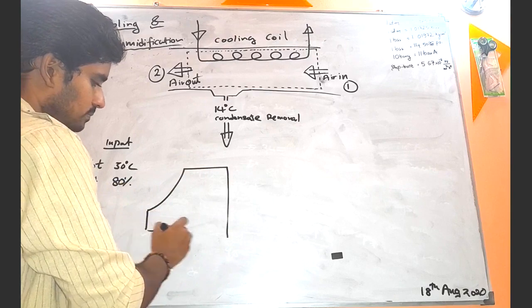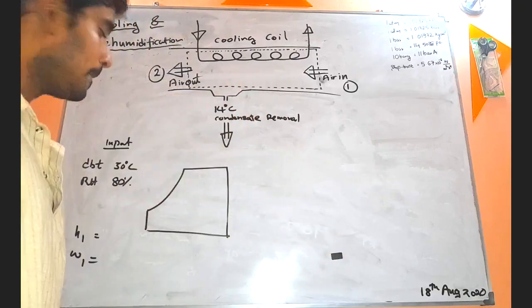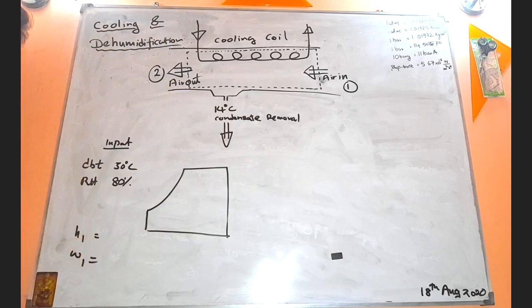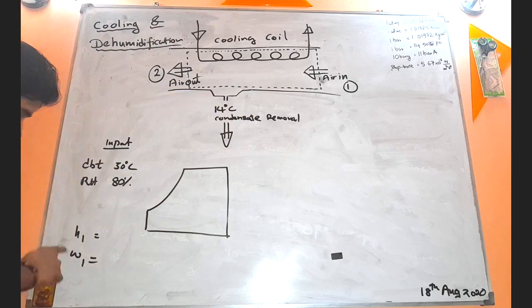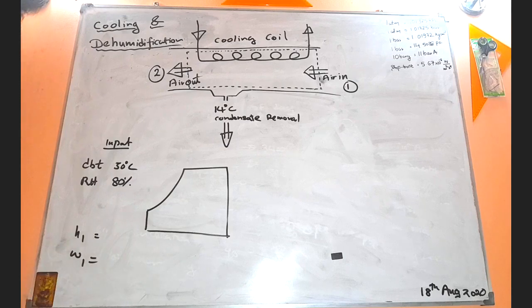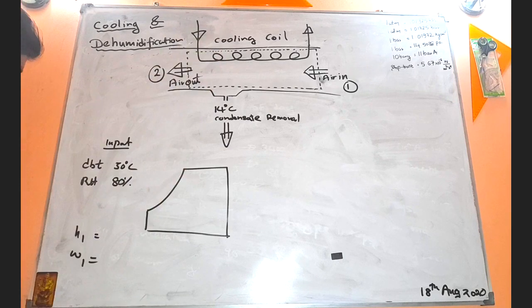When considering the input side, we need to find certain parameters: H1, the specific enthalpy, omega 1, the humidity ratio at the input side, and V1, the specific volume.